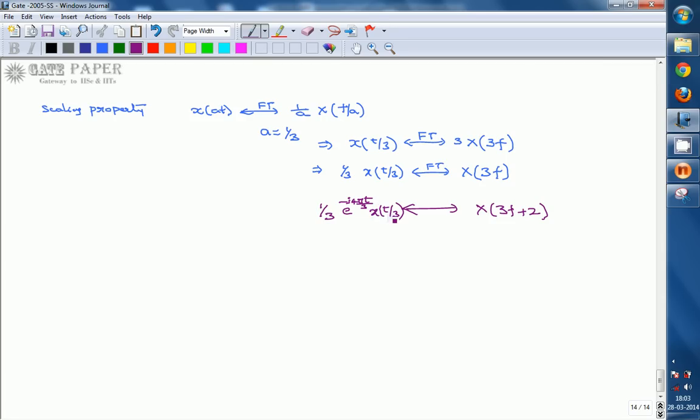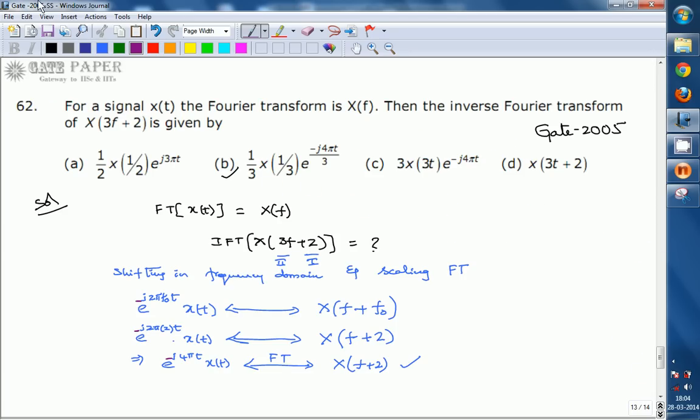So the inverse Fourier transform of X of 3f plus 2 is equal to 1 by 3 e power minus j 4 pi t by 3 into x of t by 3. That's the answer B.